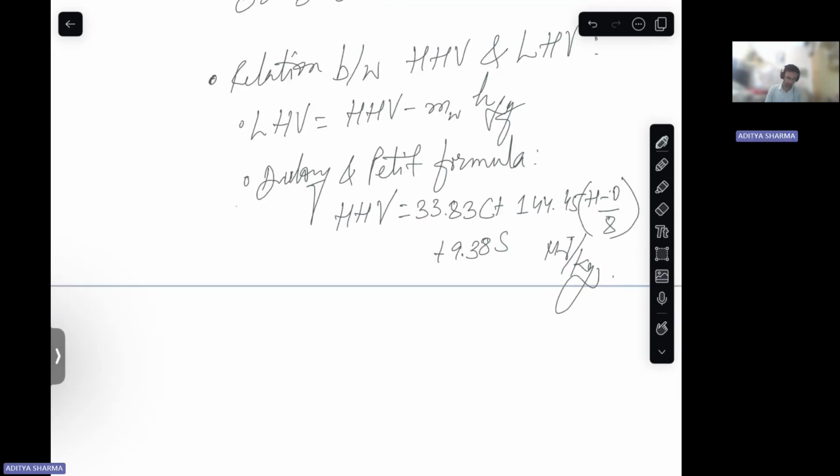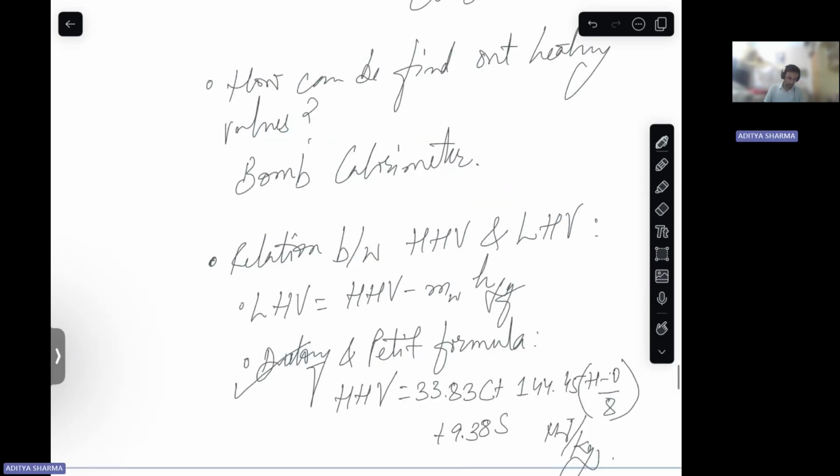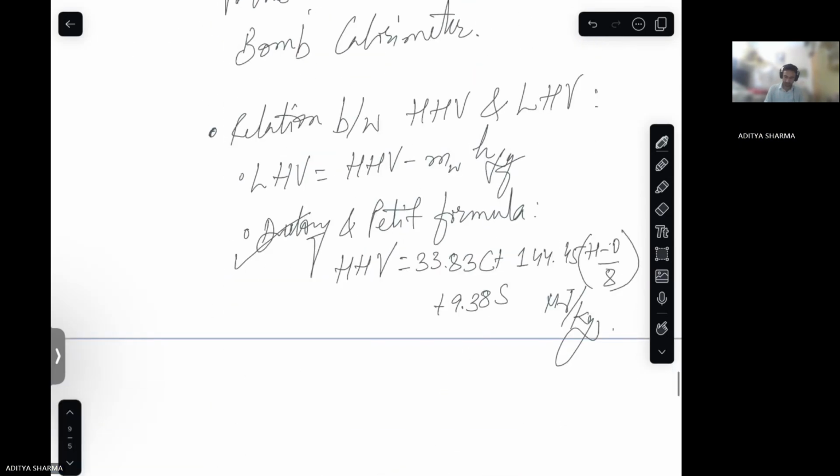Right, so this way you can find out the high heating value. So this is about heating values.